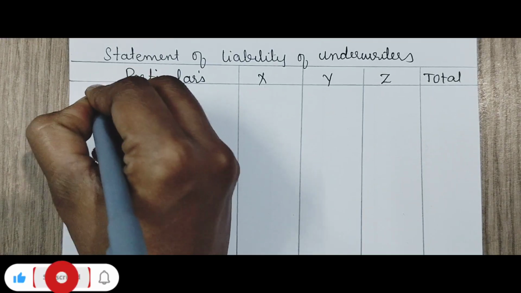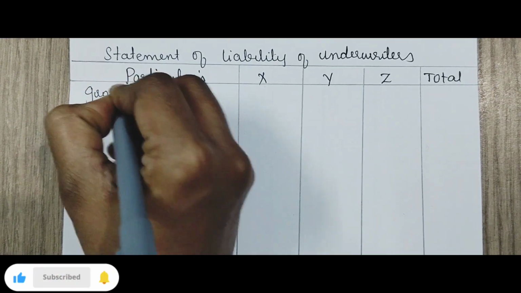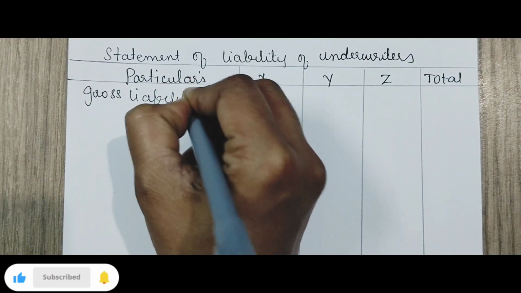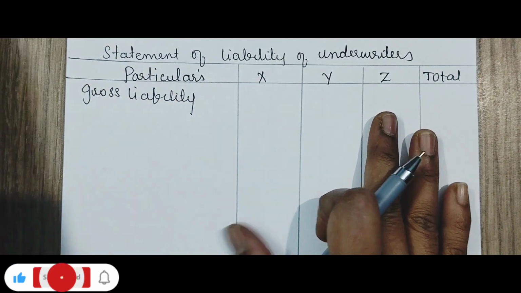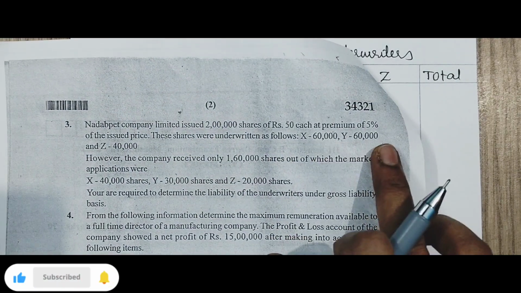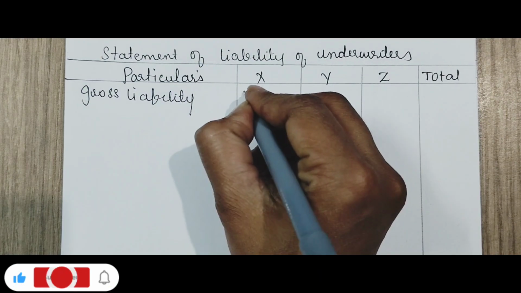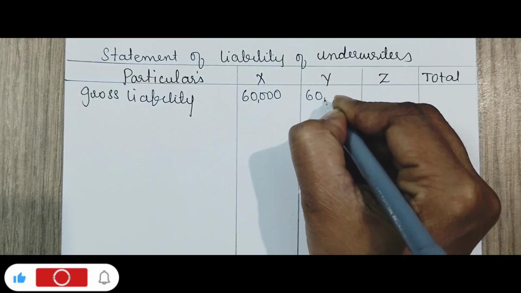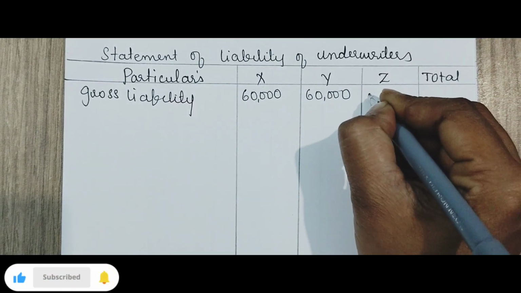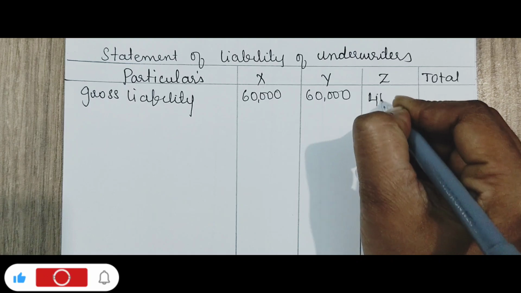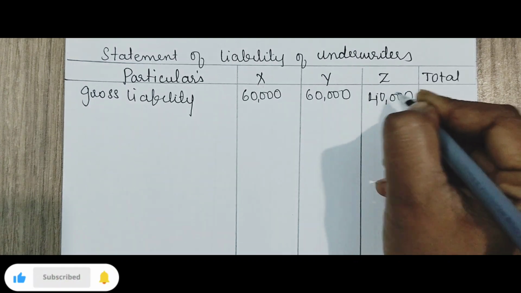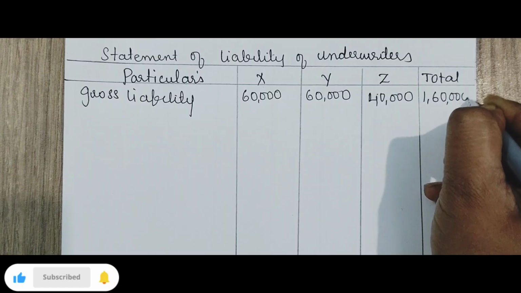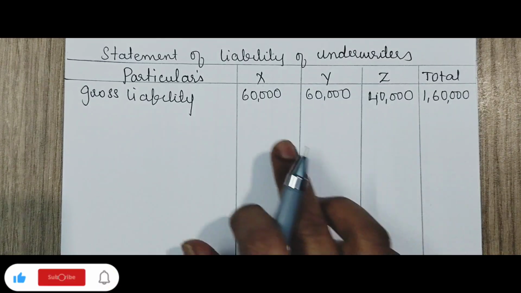First you have to take the gross liability. Gross liability is given: 60, 60, 40. What is the total? 1,60,000 is the total.